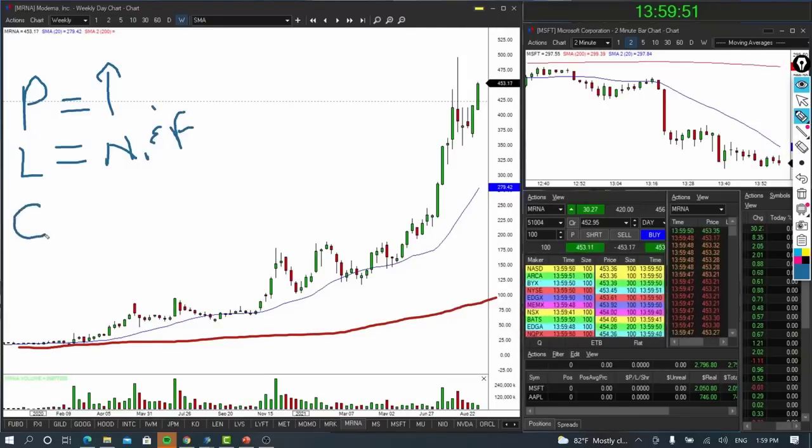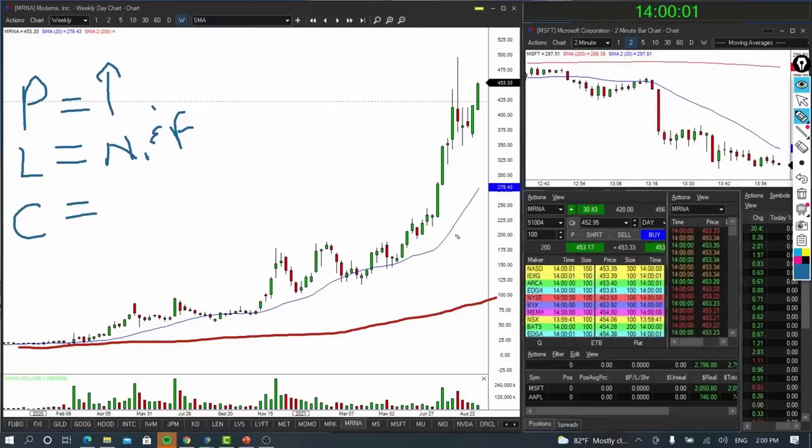This brings us to my color concept and my power concept. It's color and power, actually. All right, but let's do color first. A color change, what I'm talking about when I mention color, is just a simple color change near a moving average. So here's a color change.